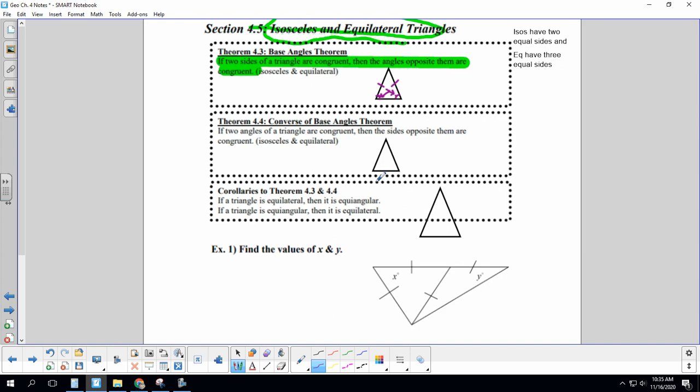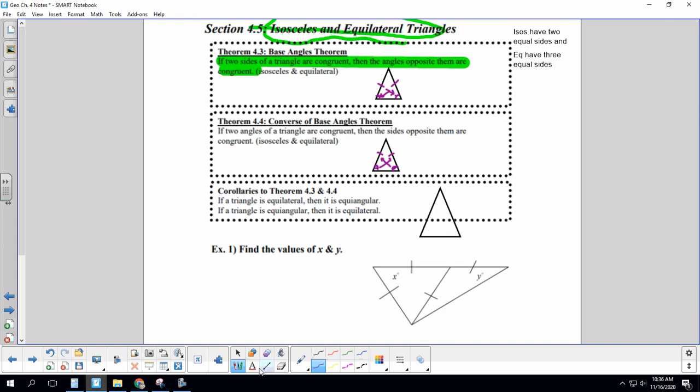Converse of the base angles theorem, so we're going to reverse it. If two angles of a triangle are congruent, then the sides opposite the angles are congruent.